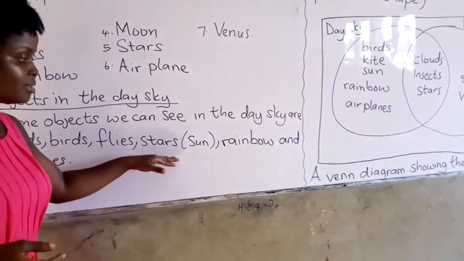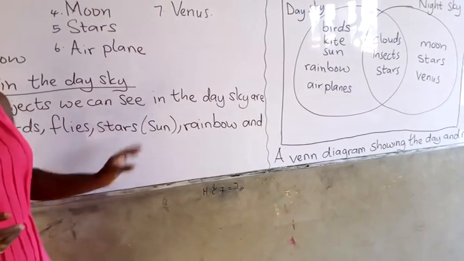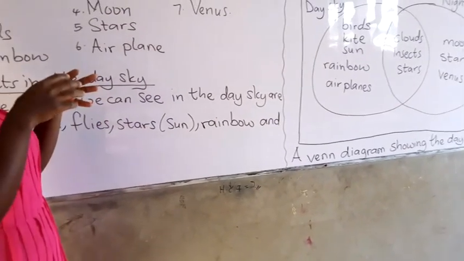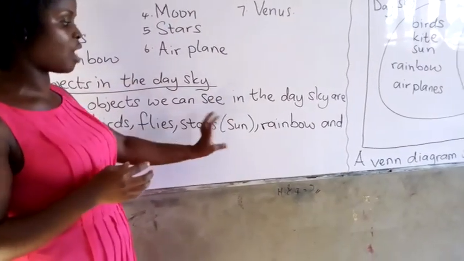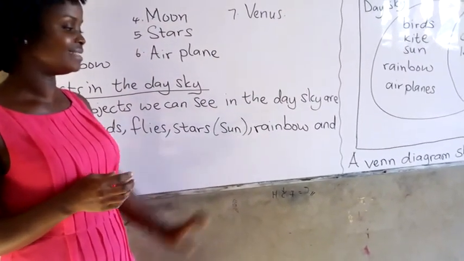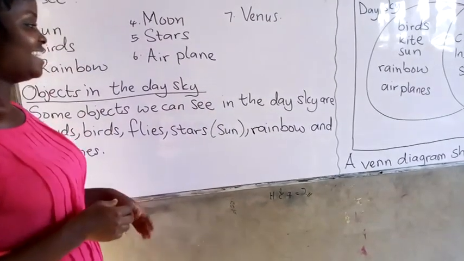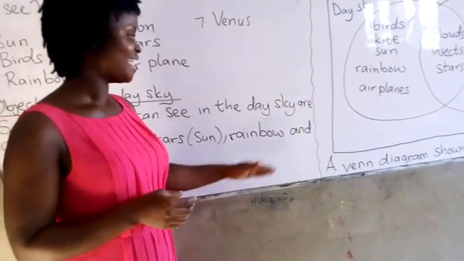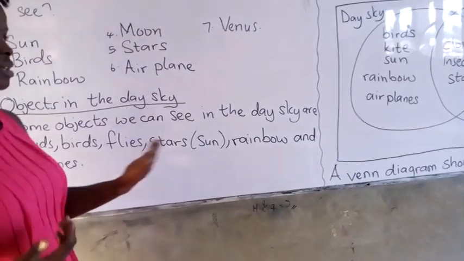We see star. When we say star, it represents the sun. The sun is part of the galaxies of stars. According to science, the sun is a star. Then rainbow, and then airplanes. You see them up and down, back and forth.